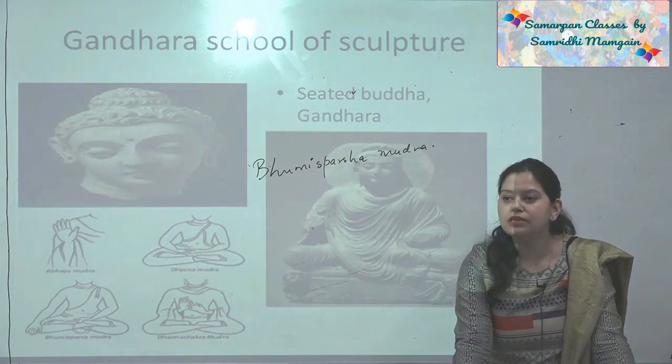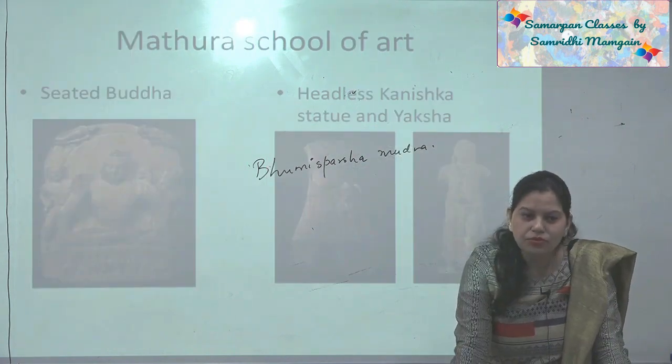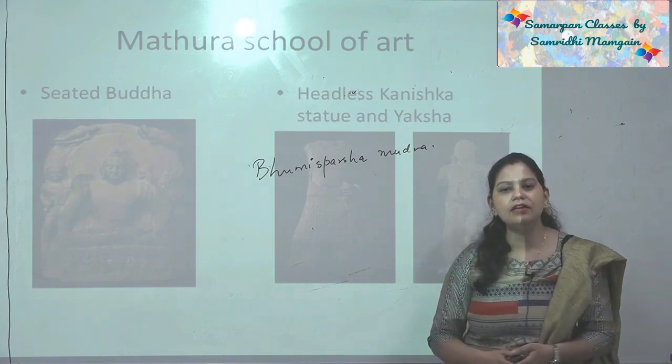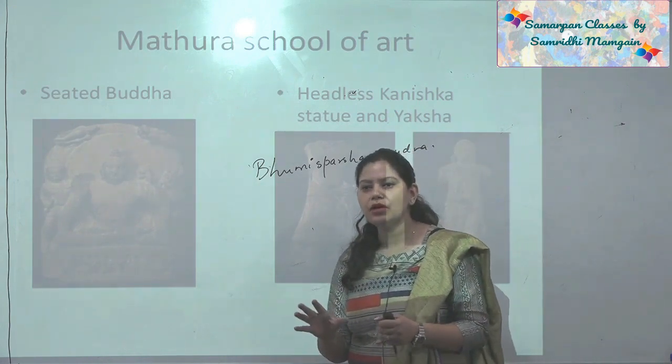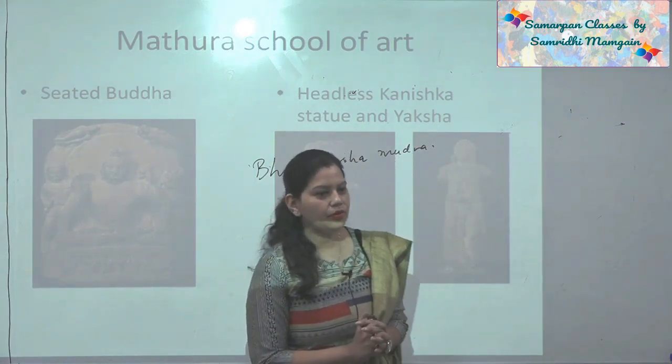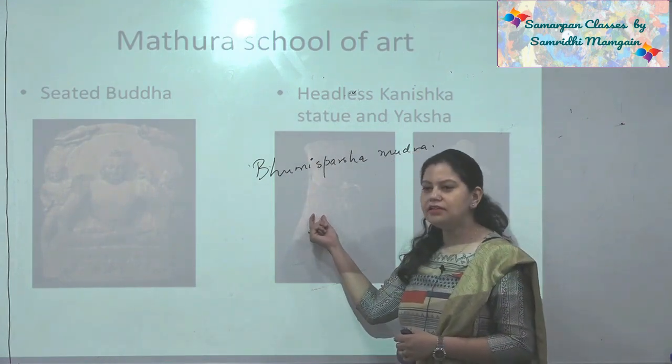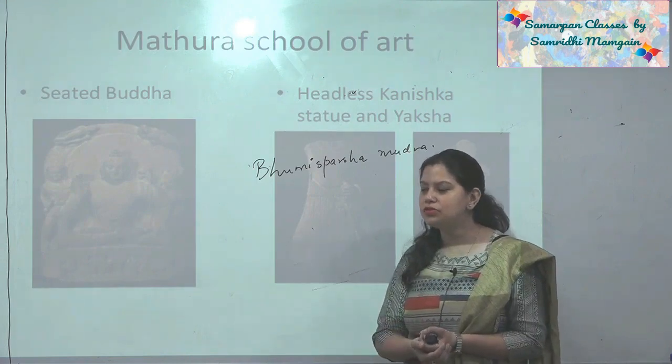Coming on to Mathura school. So Mathura school was the indigenous school. It developed in India in the areas around Mathura on the banks of river Yamuna, and the material used is, as you can see, red colored stone. So red sandstone was used.